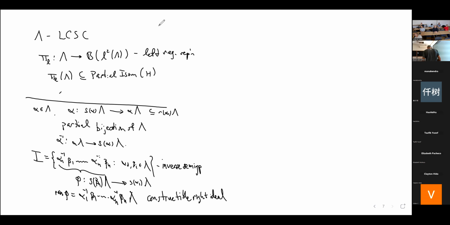Okay, so now I'm going to imitate what we did before. I'm going to change letters from E to D. So I want this to be all the constructible right ideals. In fact, this set has some nice structure. It's closed under intersection.